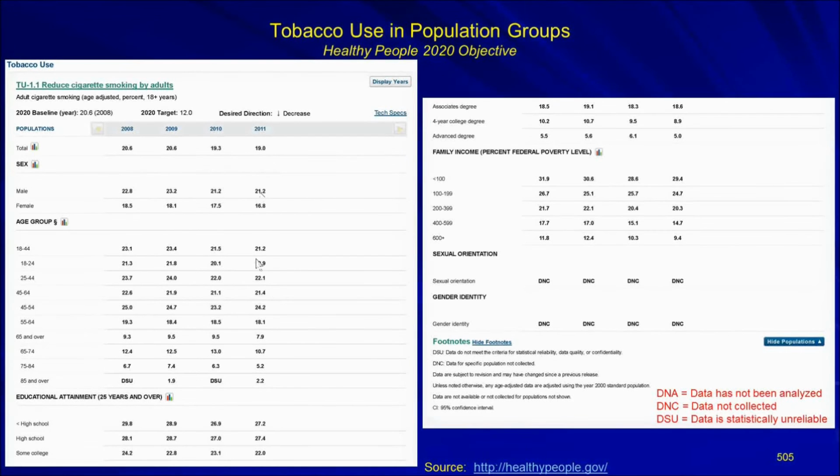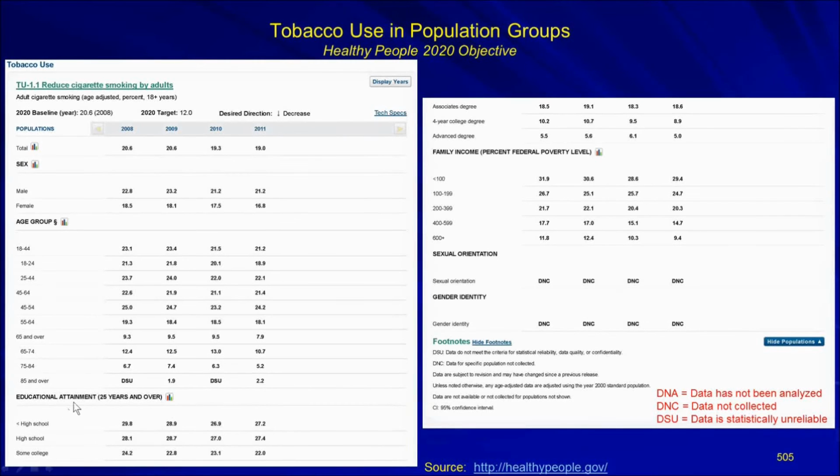But I want to get back to population groups, because I want to talk to you about the values I'm going to be using in this population problem. I did want to reflect on this table because I think it's pretty telling. Let's just take the last year.